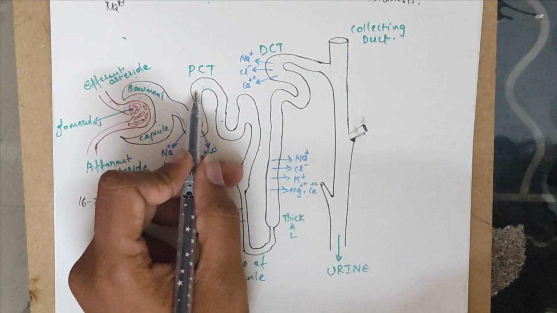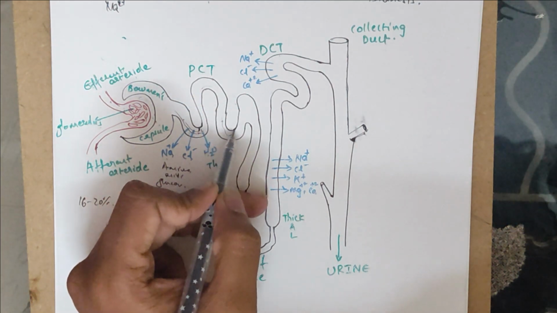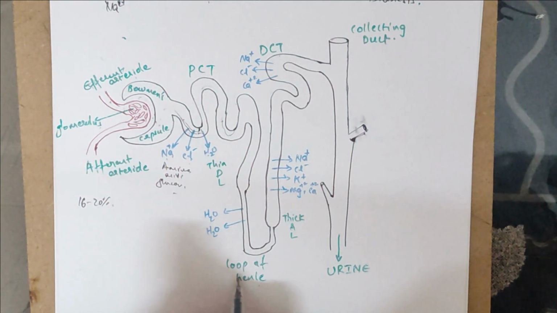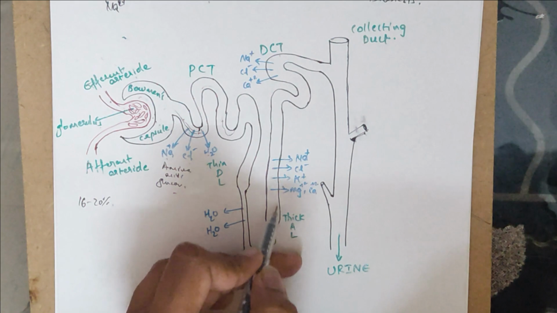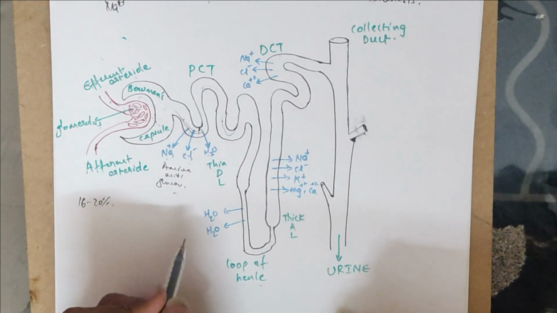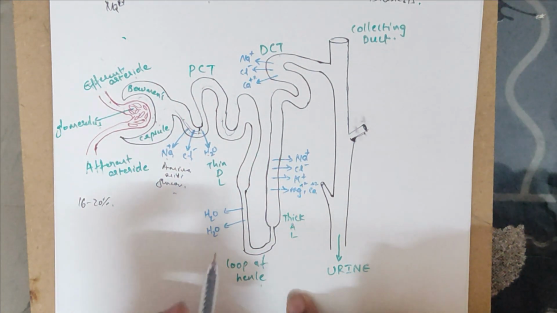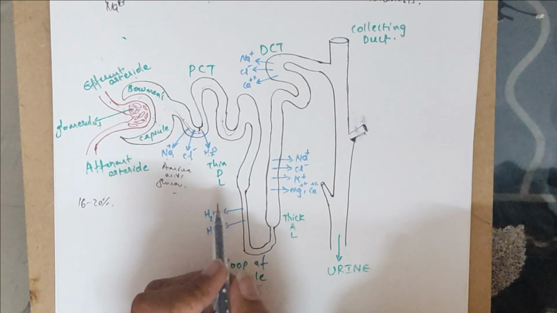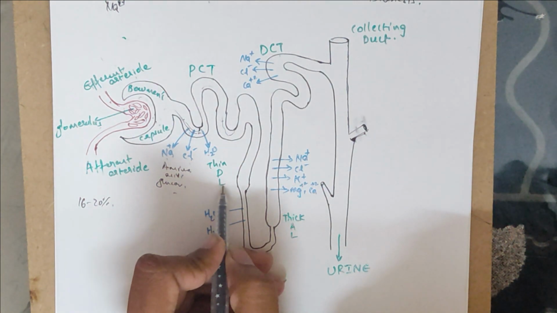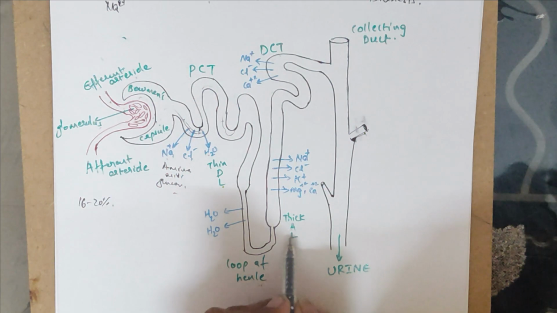After that, the filtrate moves into the loop of Henle. The name loop of Henle comes from its hairpin shape. The loop of Henle has two parts, the thin descending limb and the thick ascending limb.